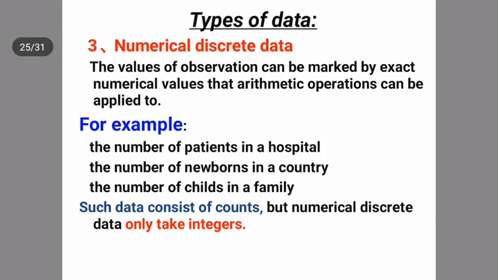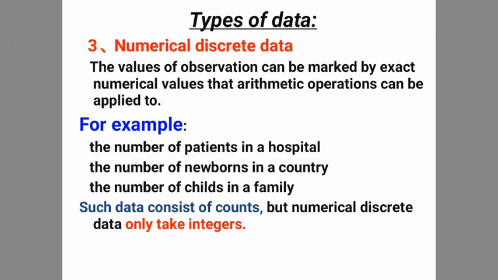Another type of data is numerical data. For numerical data, the value of observations can be marked by an exact numerical value to which arithmetic operations can be applied. We know that for qualitative data, the value of observations was marked by categories.